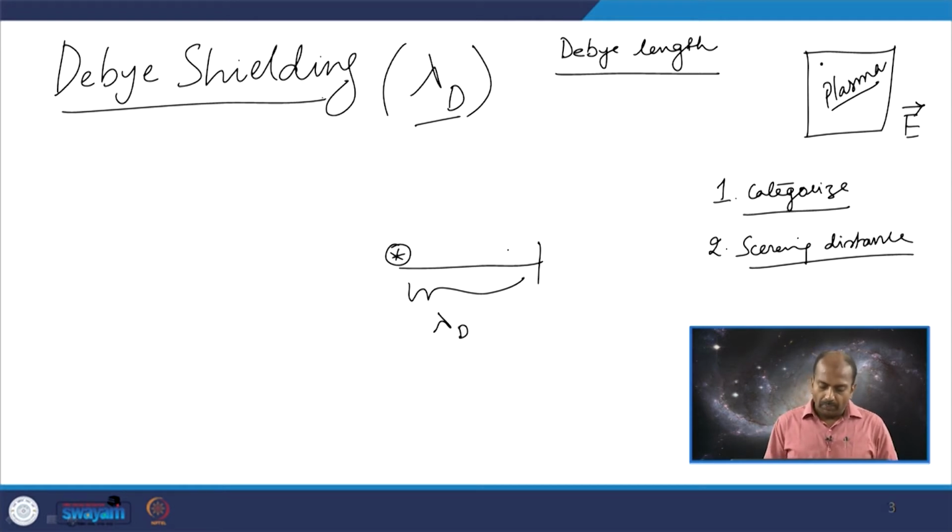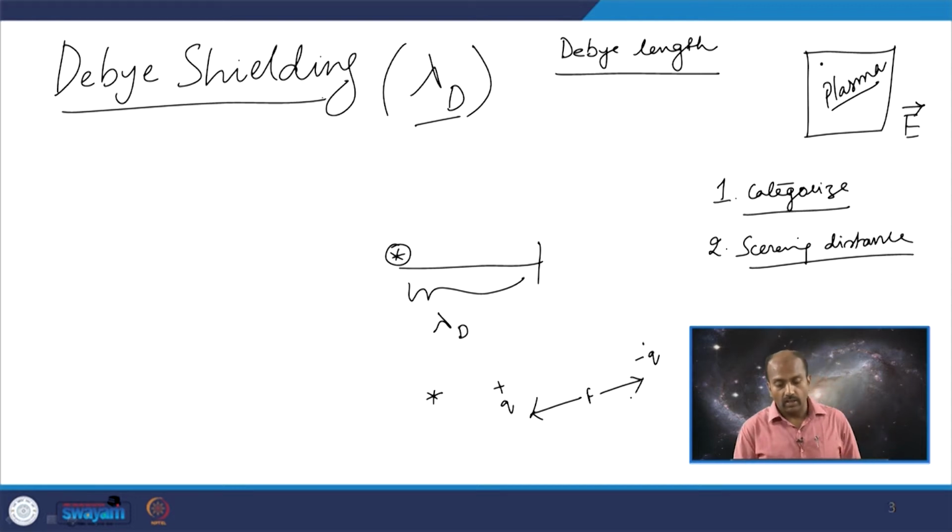That means if you have an isolated positive test charge, and another charge, minus q, is kept somewhere, there will always be a non-zero force between these two charges, no matter how far they are separated.